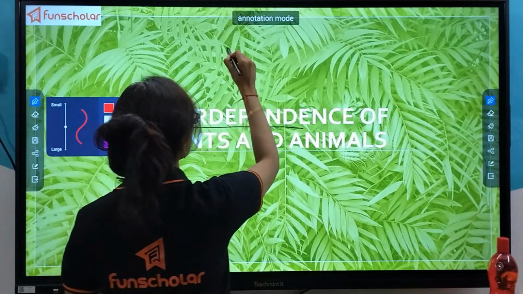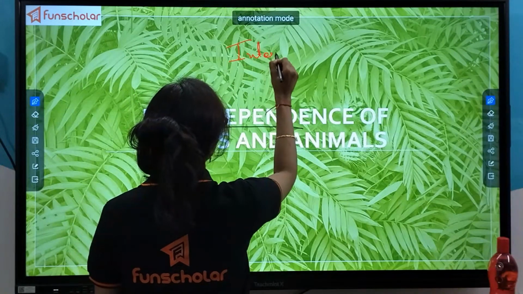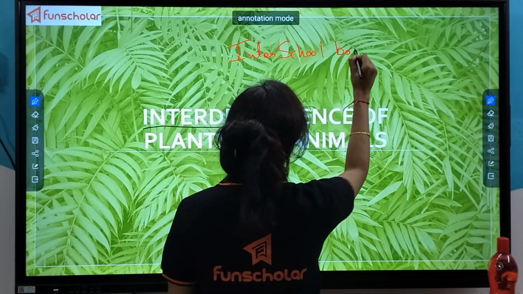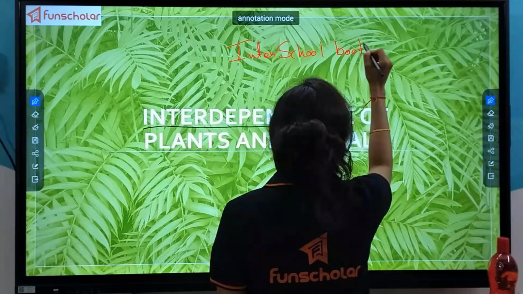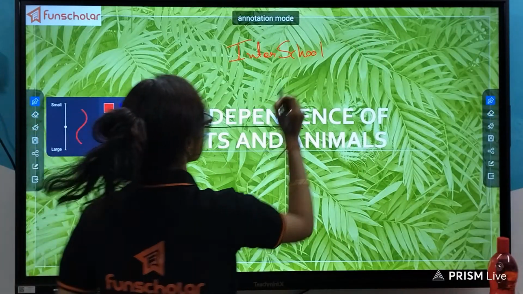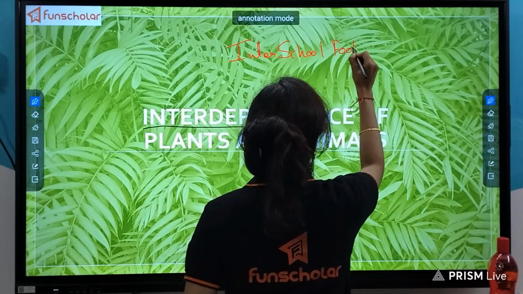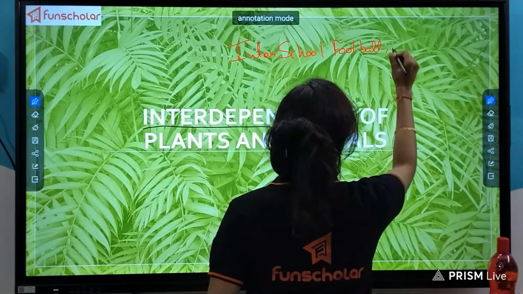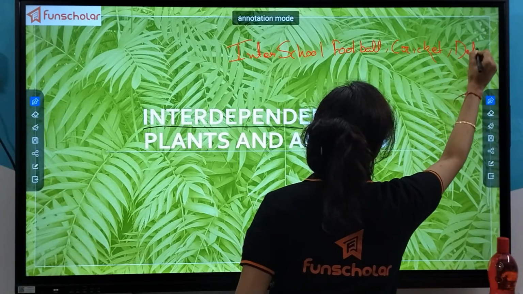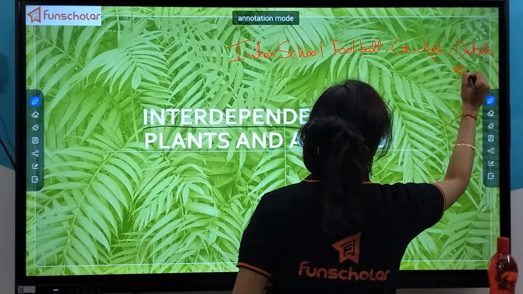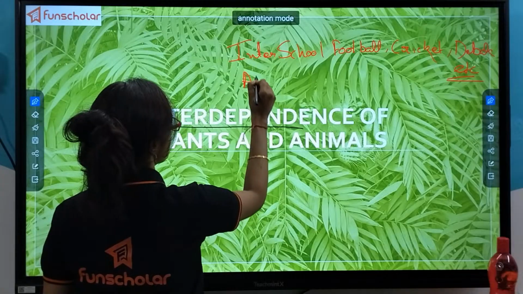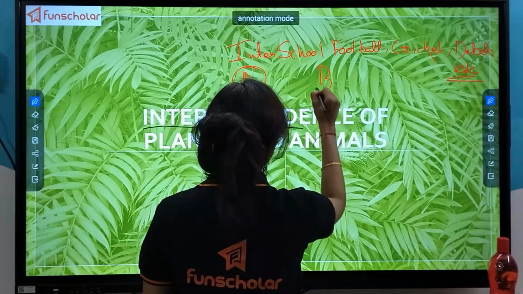Have you heard about inter-college or inter-school football, cricket, debate, etc.? So inter-school means this is A school, this is B school.